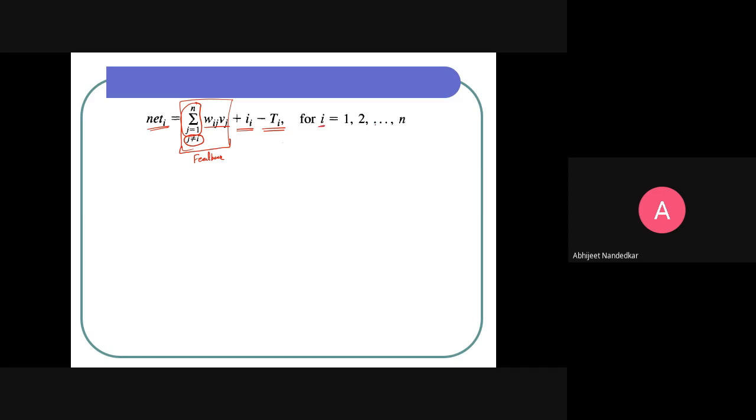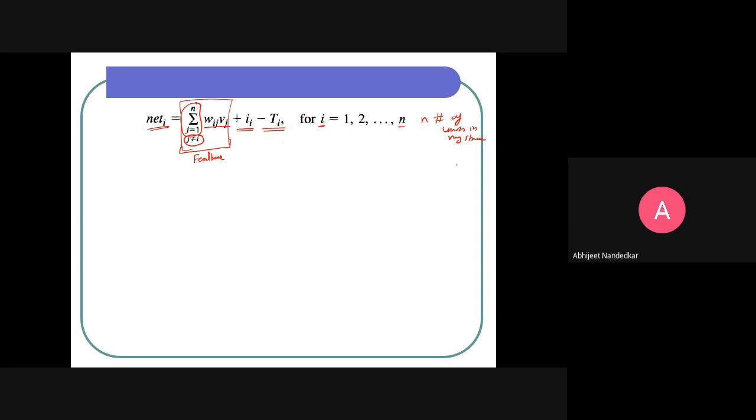Now where i is equal to 1 to n, that means I have n number of units in my structure. So how many units will you put? It depends on the length of the feature you want to remember.